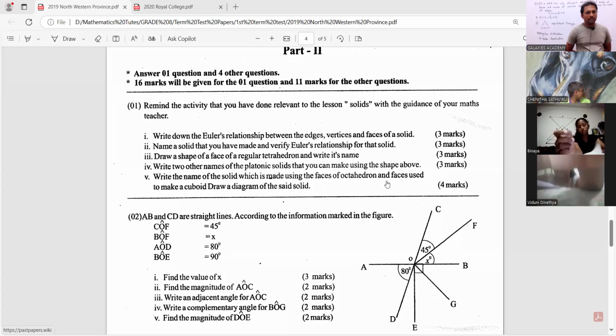Draw a diagram of the said solid. Right? Can you understand this question part?